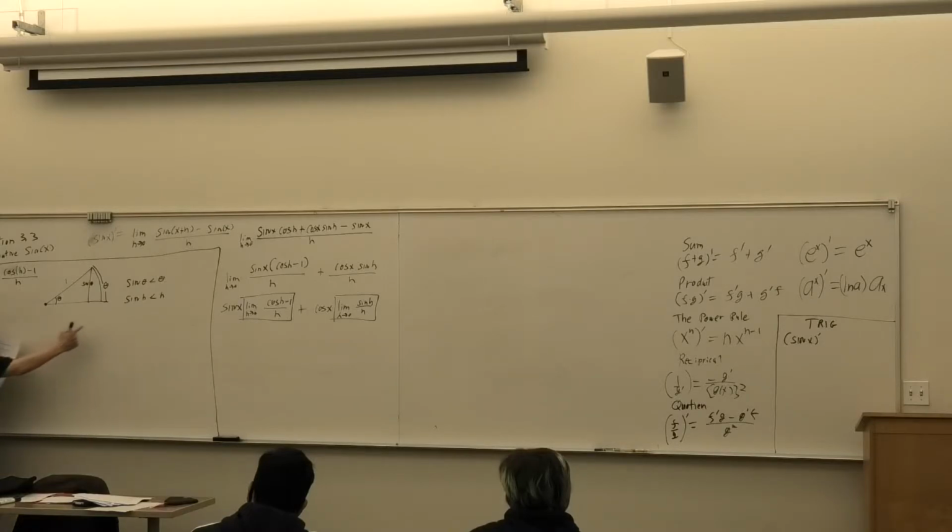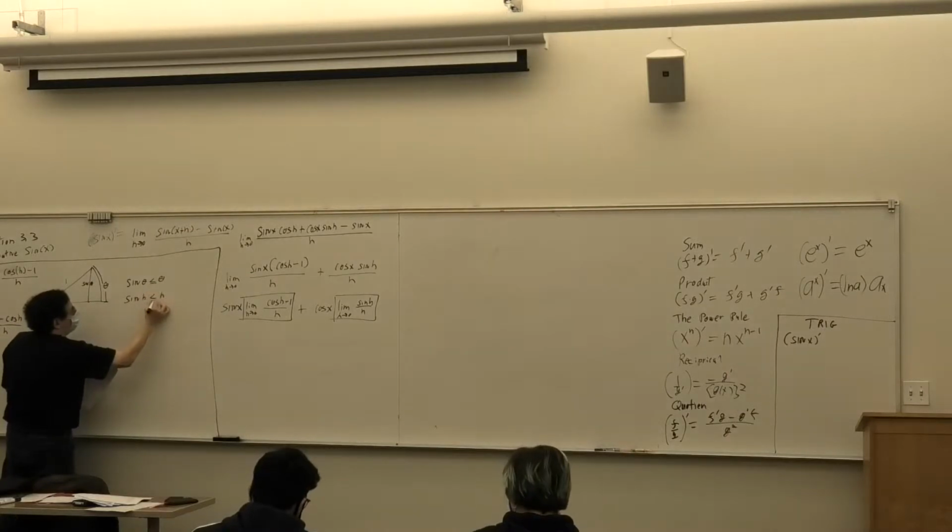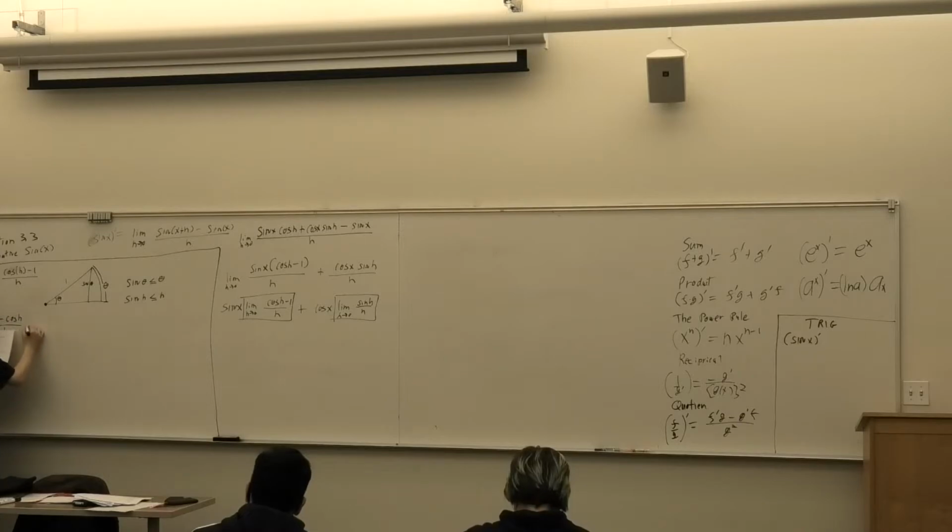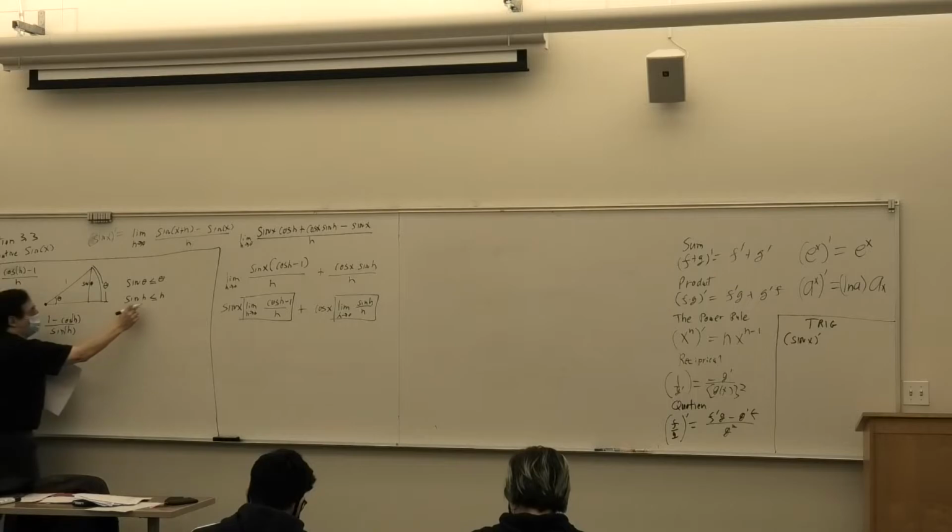All right, so since we know this is the case, I'm going to write something down. 1 minus cosine of h over h is, I guess we should make this less than or equal to, because it's 0 at h equals 0, 1 minus cosine of h over sine of h. Okay, how did I get that? Well, sine of h is smaller.